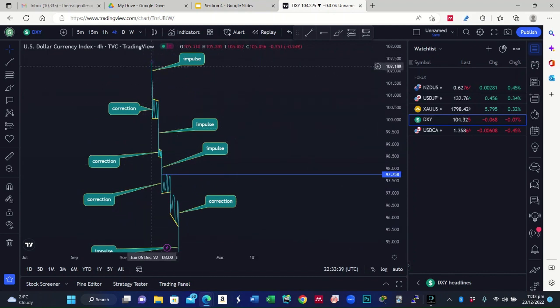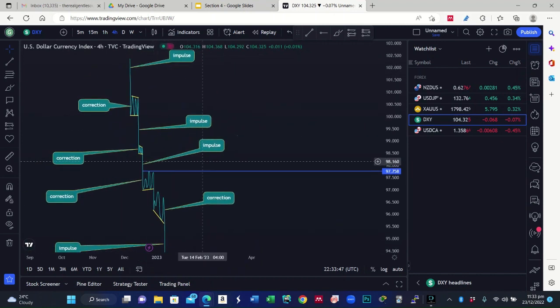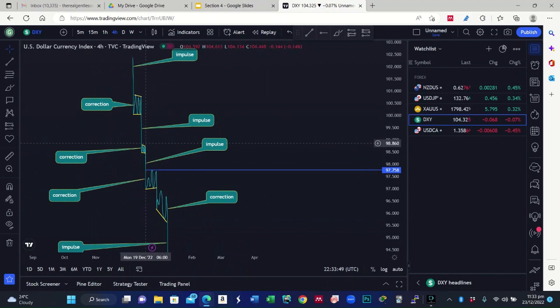This is a strong impulse, then a correction or consolidation, as you wish, then another impulse downwards, then another correction, then impulse downward again, then another correction, then an impulse, then a correction, then another impulse downward. So you can see them now, as I've labeled them.